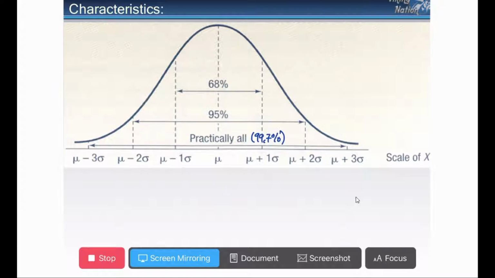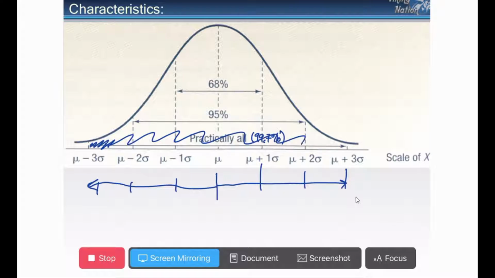All right, and finally, the 99.7 rule says that approximately 99.7% of the data values of x, so almost all of them, will lie within the range mu minus 3 sigma and mu plus 3 sigma. So once again, if I start at my mean and I go 1, 2, 3 standard deviations to the right, and 1, 2, 3 standard deviations to the left, we're finding this area right here.